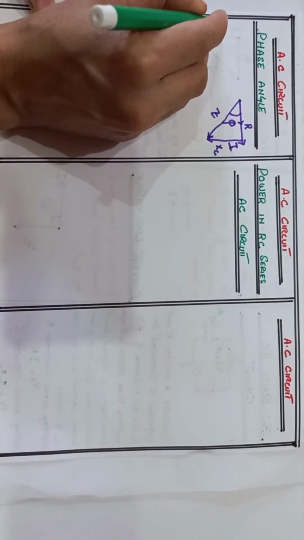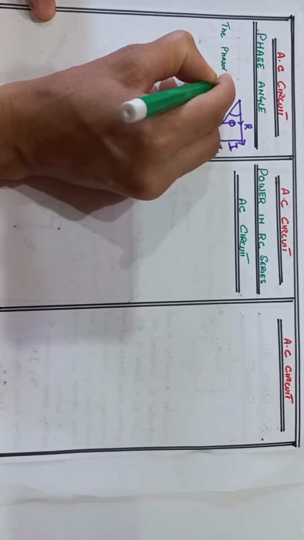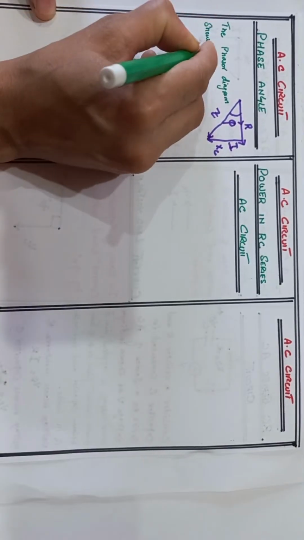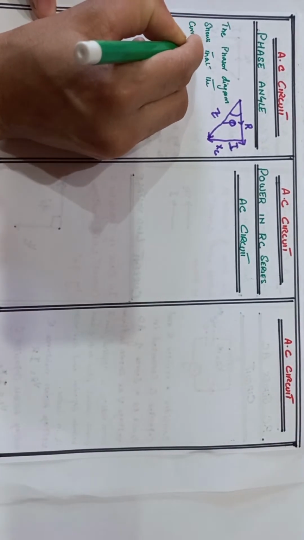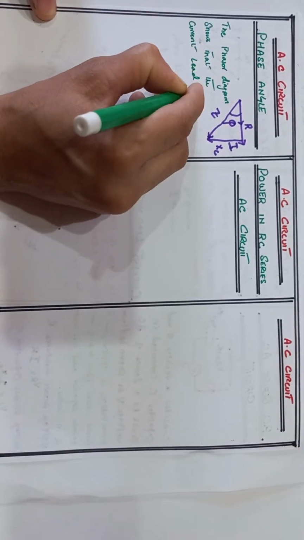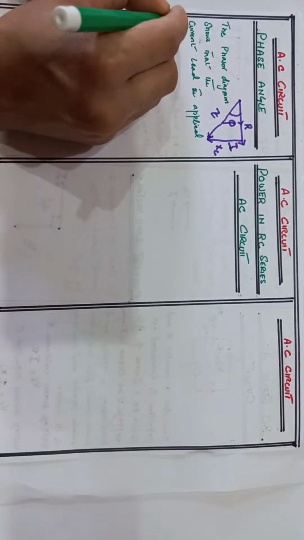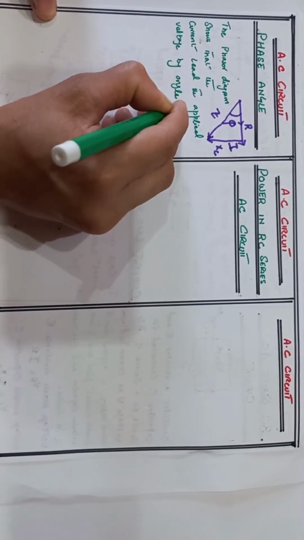The phasor diagram shows that the current leads the applied voltage by angle phi.